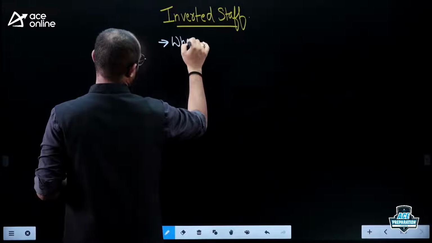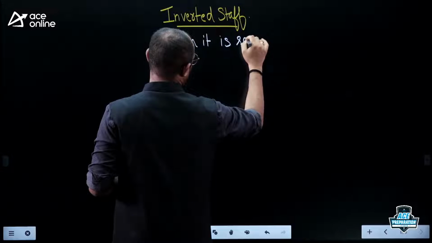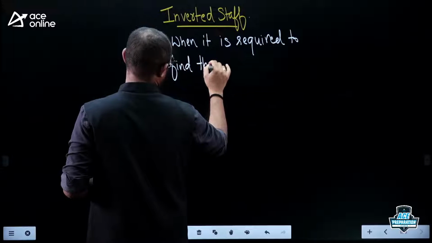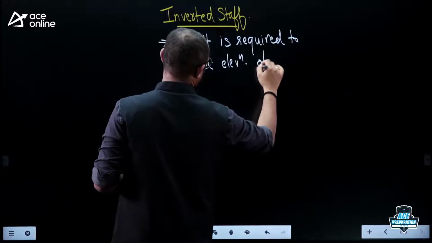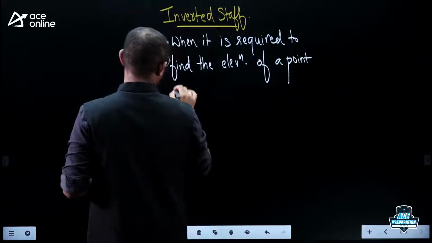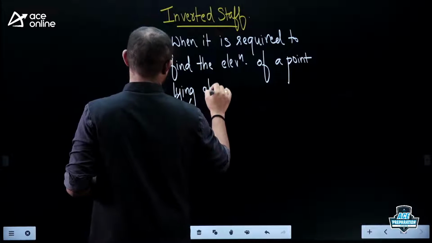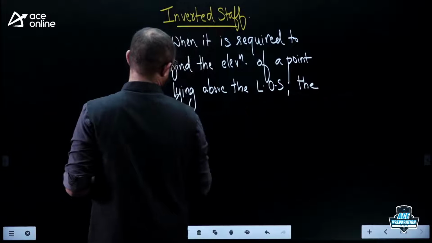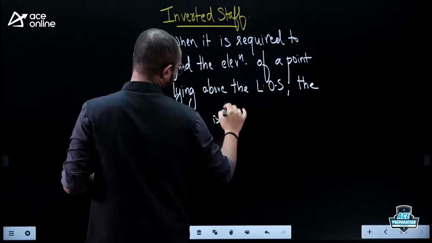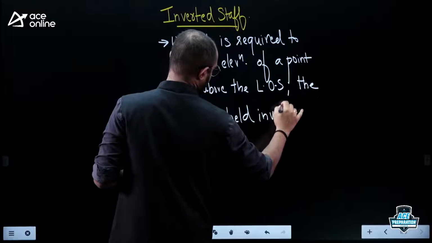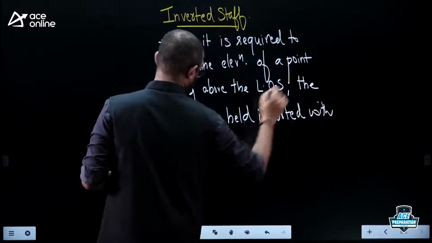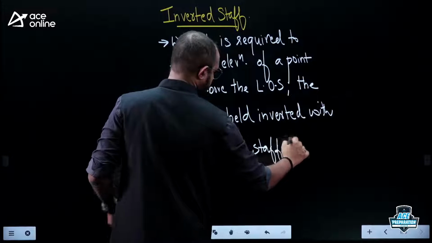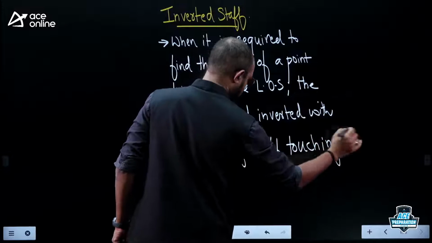When it is required to find the elevation of a point lying above the line of sight, the staff is held inverted with the foot of the staff touching the overhead point.